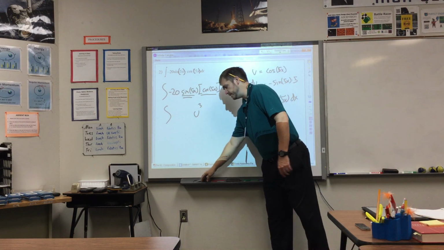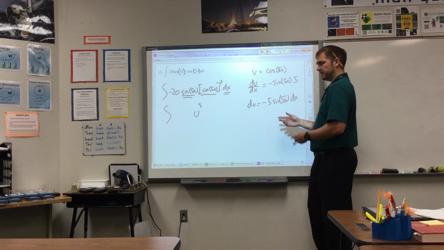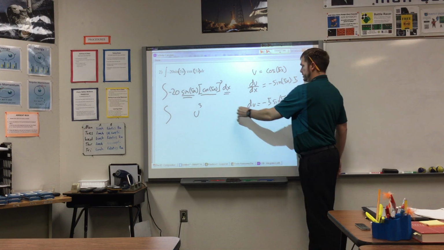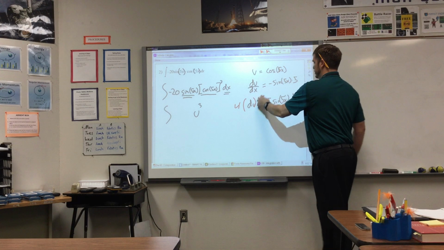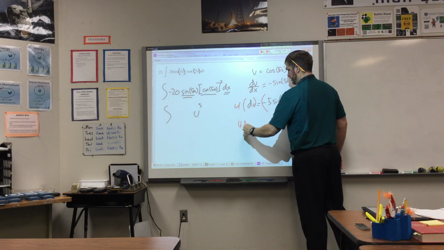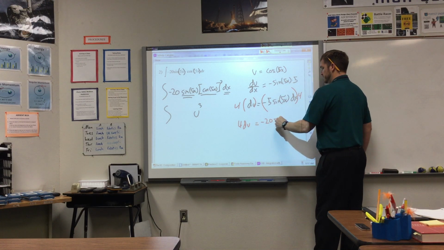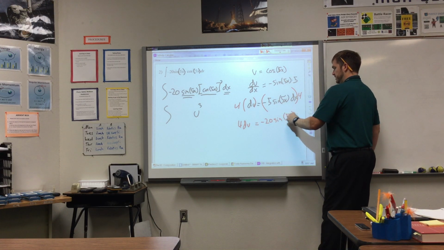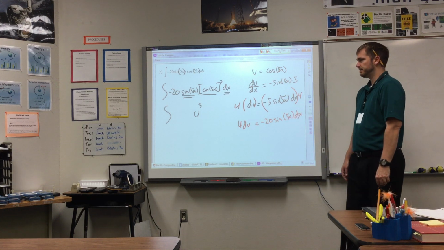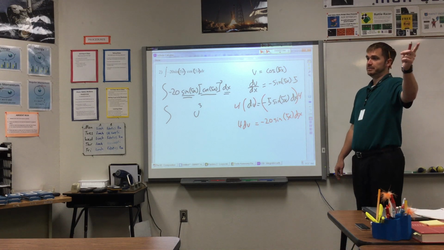So what did we do in situations like that yesterday? Figure out what you need to multiply. In this case, it's going to be by 4. So multiply that side by 4, multiply this side by 4, and I get 4 du equals negative 20 sine 5x dx.